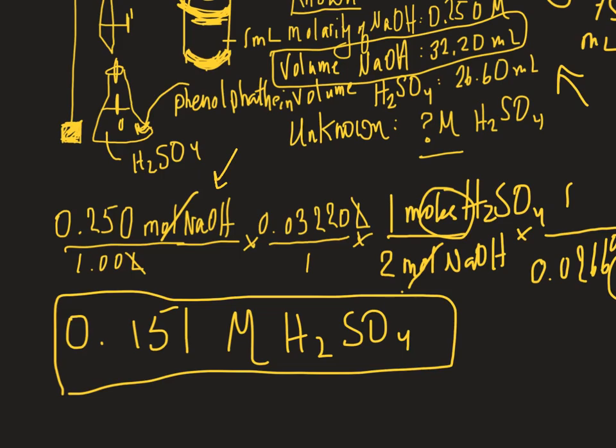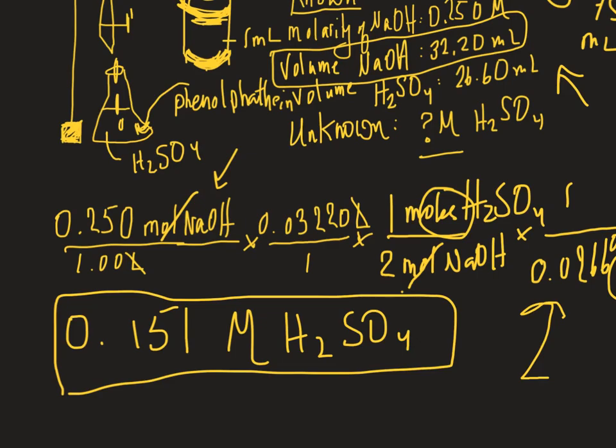Step 4, divide by your volume that you originally took of the acid or the base, depending on which one is unknown. Then you simply complete the math in your dimensional analysis, writing your final answer, typically not as moles per liter, but as molarity.